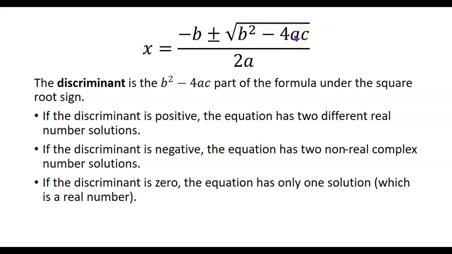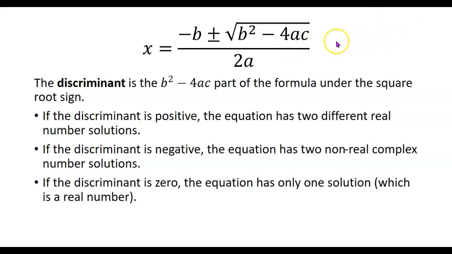If the part under the square root sign comes out to be a negative number, then your equation doesn't have any real number solutions. So if those are the only kind you care about, then you can just quit right there and say, no solutions of the kind we care about, no real number solutions.